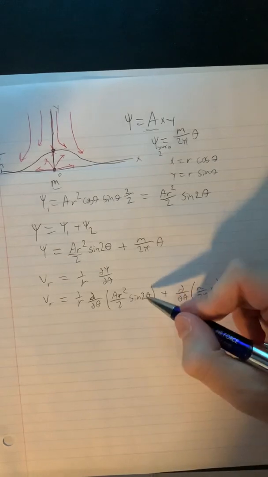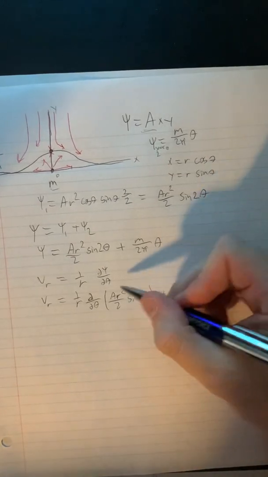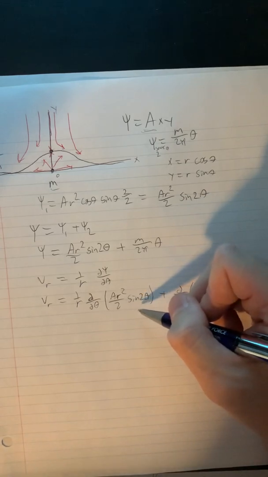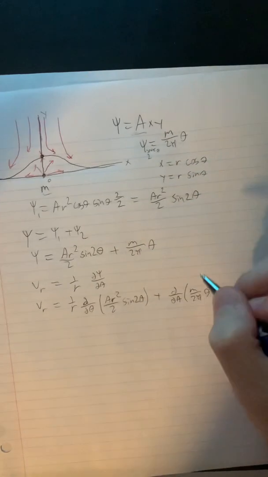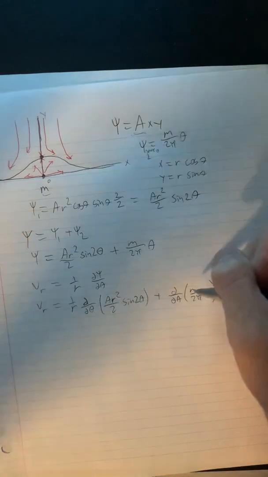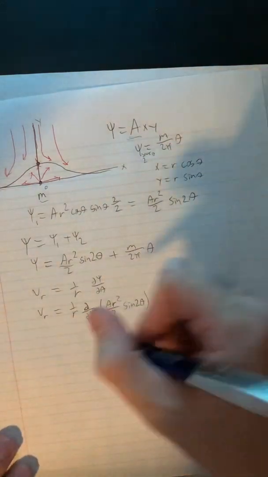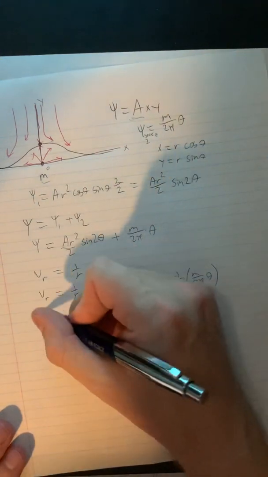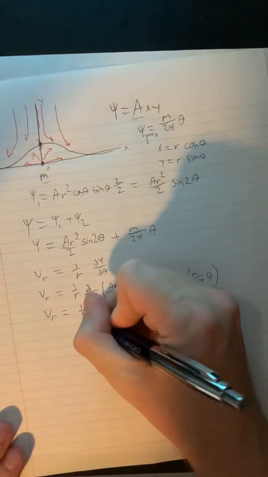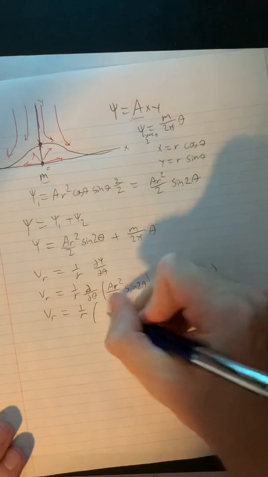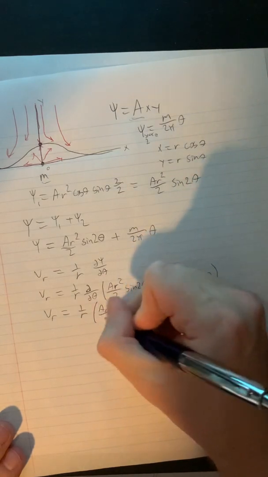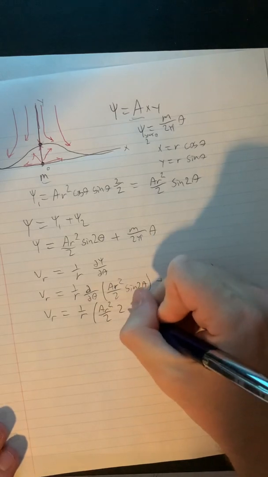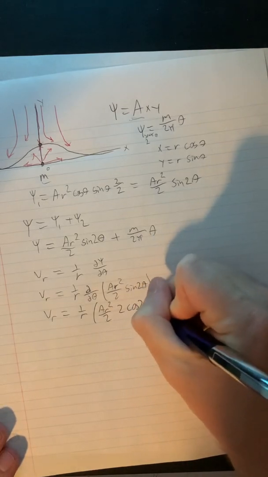All right, so we have a theta derivative in both terms. The R squared over 2 are constants in this case, so we can put those out. Same on this side, the M and the 2 pi, or M over 2 pi. So that's going to give us, with respect to R, 1 over R. Like I said, A R squared over 2 are constants, and then the derivative of sine 2 theta just gives us 2 cosine 2 theta.